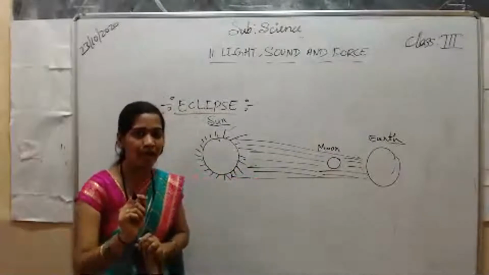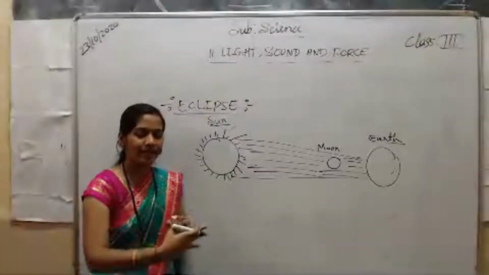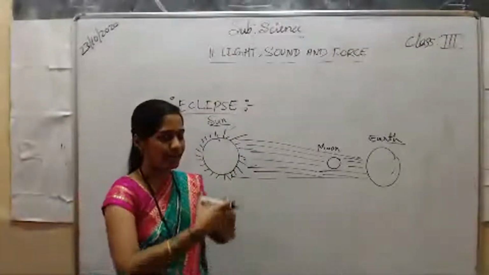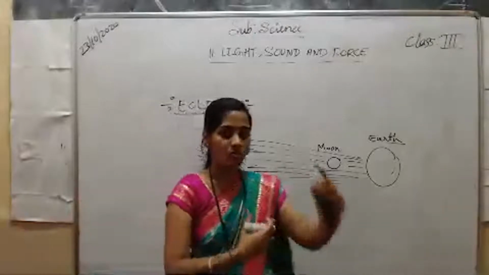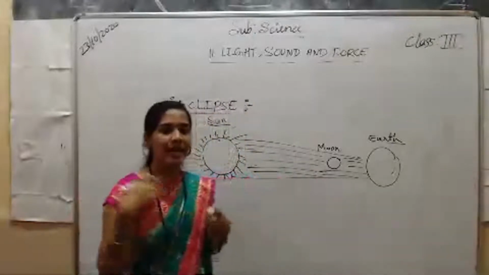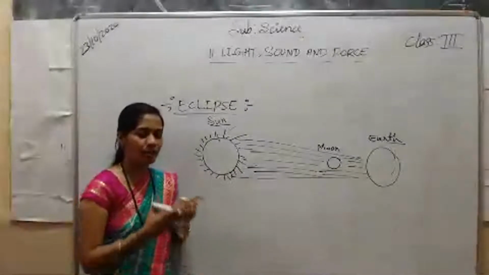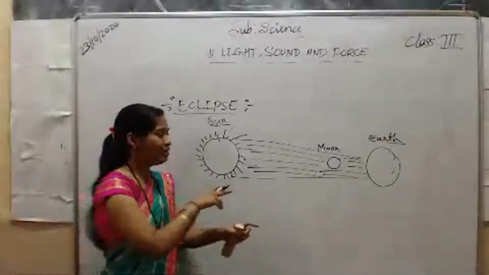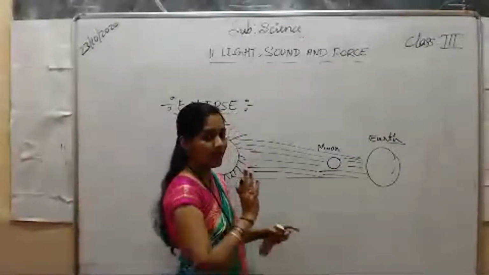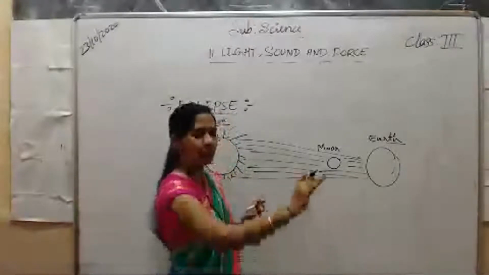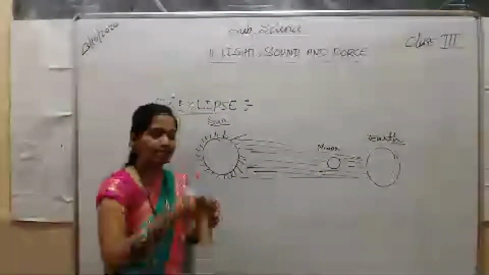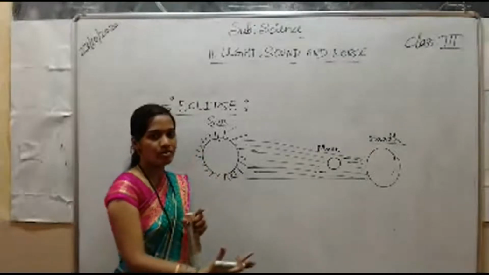All of you know that if you block any light, that object's shadow is formed, because light travels in a straight path. If anything comes in between, its shadow is formed.